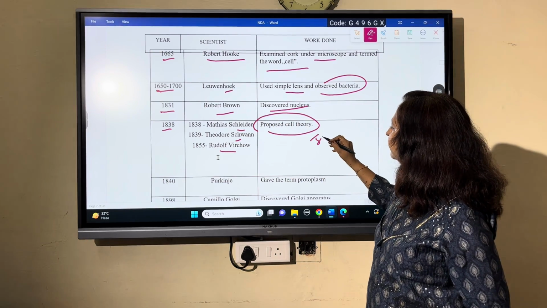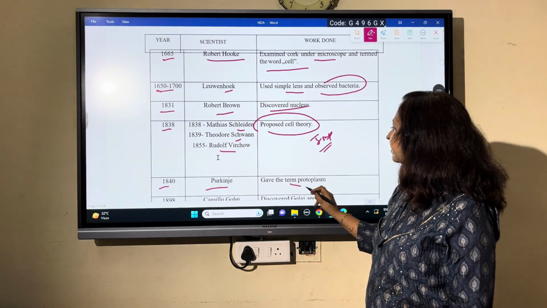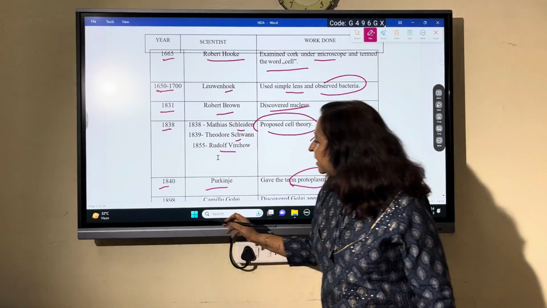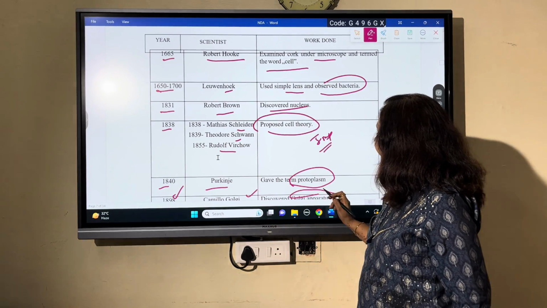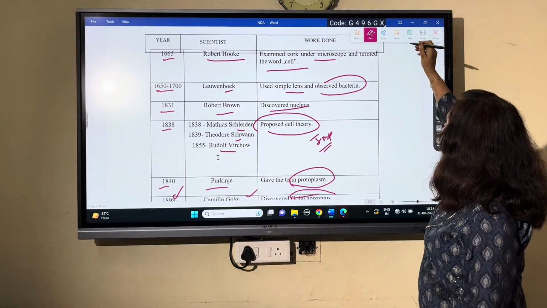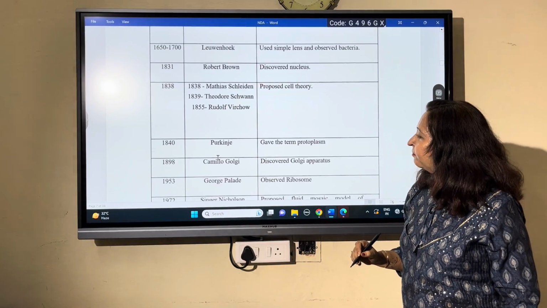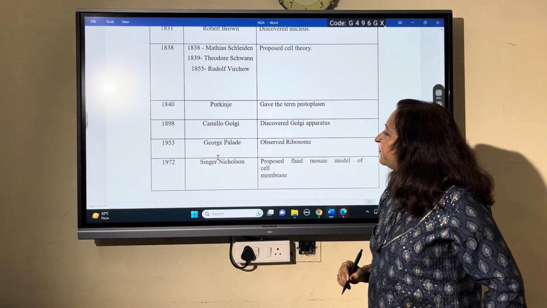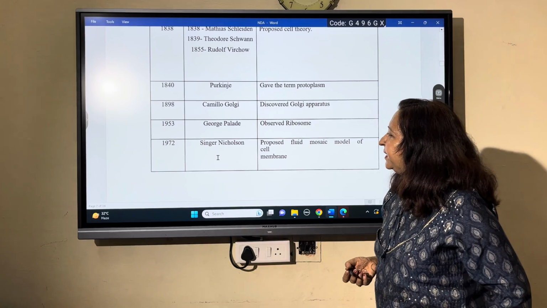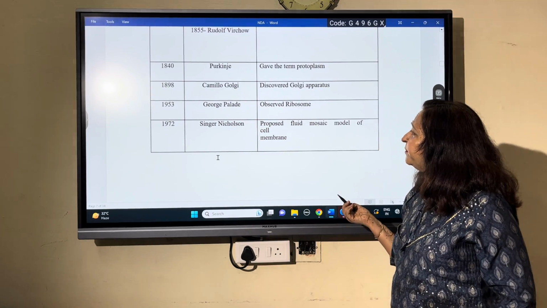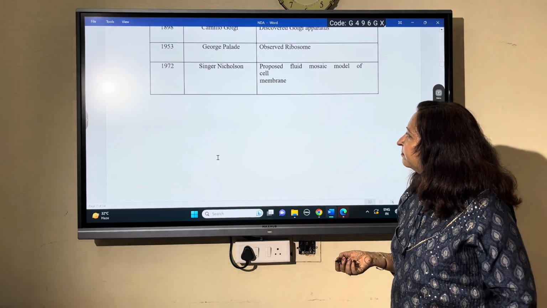This is important. In 1840, Purkinje gave the term protoplasm. In 1898, Camillo Golgi discovered the Golgi apparatus. In 1953, Palade observed ribosome, and in 1972 the fluid mosaic model of cell membrane was proposed by Singer and Nicolson.